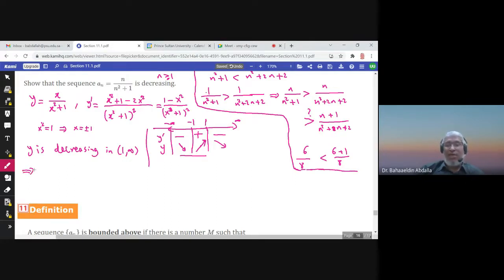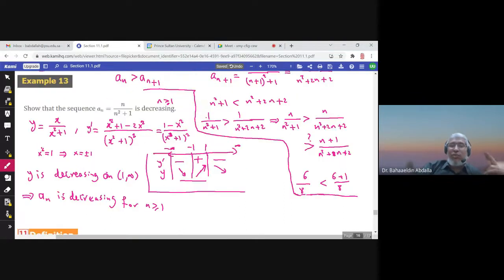So if the function is decreasing, then the sequence, which is on the function, because f of n is equal to an, is decreasing on this interval from 1 to infinity. For sequences, I say it is decreasing for n greater than or equal to 1.